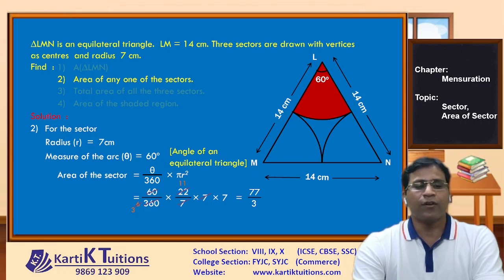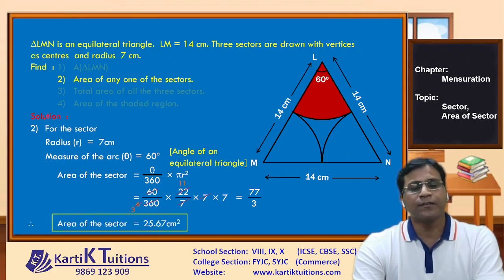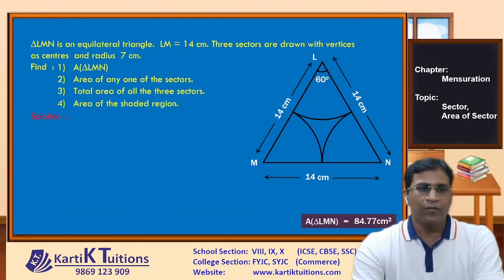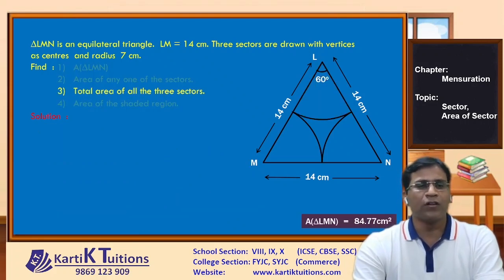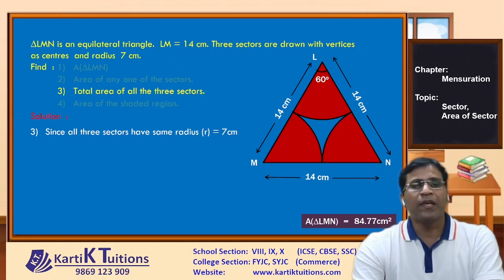थोड़ी देर पहले भी देखो ऐसा वैल्यू आया था. So basically it will give us 25.67 centimeter square. So the area of any one sector we got as 25.67 centimeter square. Now the next part of the sum is the total area of all three sectors. Now as I told you, for all three sectors theta is the same and even the r is the same. So basically their areas will be equal.